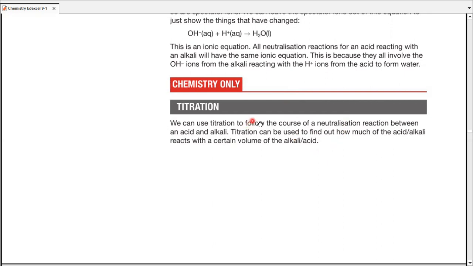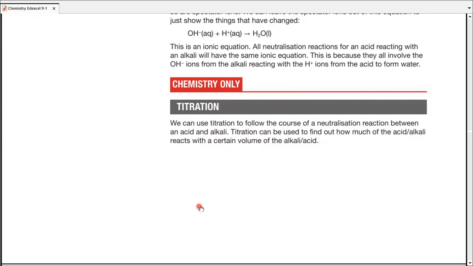So in titration, we're going to follow the course of a neutralization reaction between an acid and an alkali, and it can be used qualitatively or quantitatively. Most importantly, we're going to use it quantitatively. Quantitative means how much of acid or how much of alkali reacts within a certain volume of the other one.